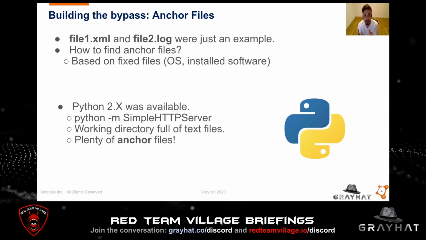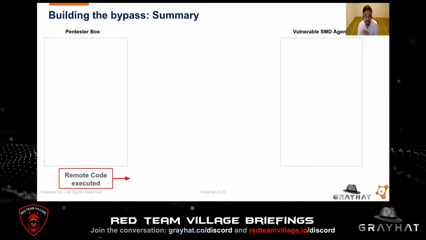So if we execute an HTTP server there, those files are going to be served, and we have a lot of different anchor files that can be used. So leveraging these two things, the way we can grab anchor files and the way we can write files, we can have a complete bypass.